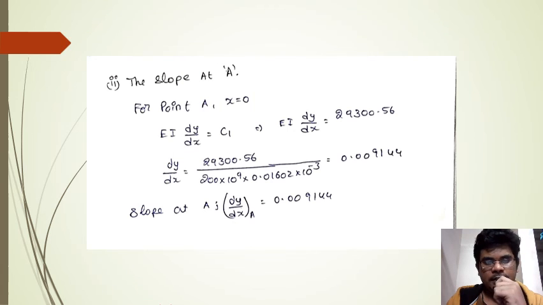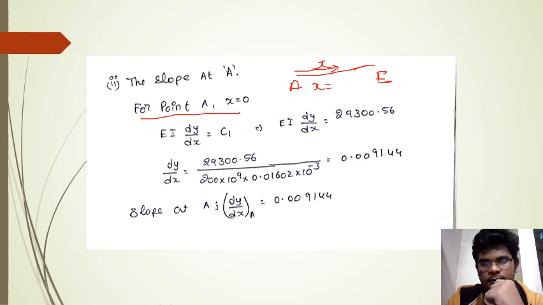And the next part, the slope at A. For point A, the x is 0 since it is at the starting. The x will be 0 at A. So if we substitute x is equals to 0, and since we are finding slope, we are going to use EI dy by dx.